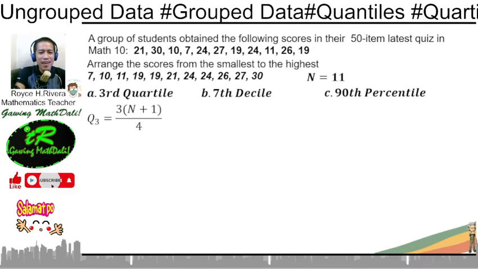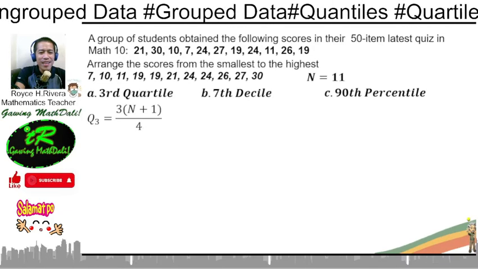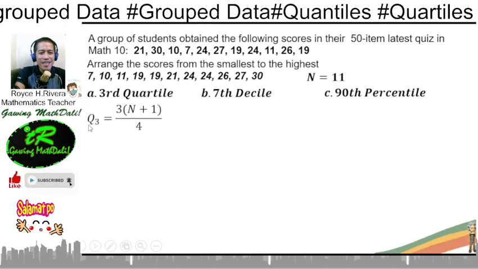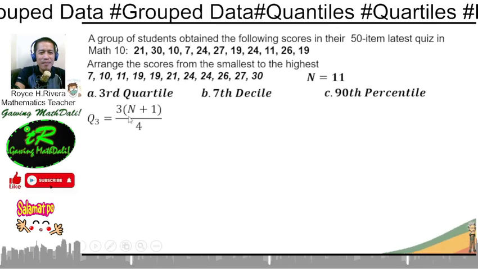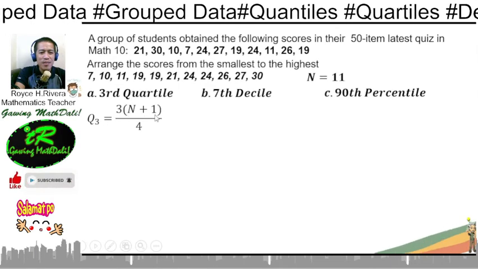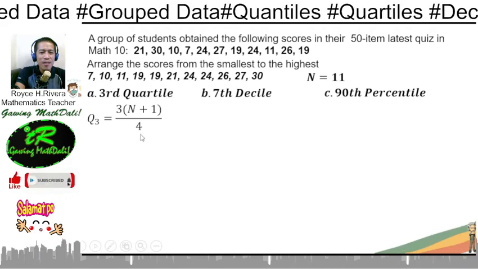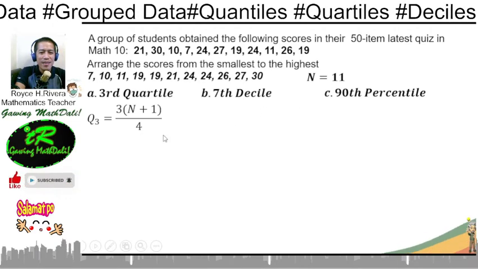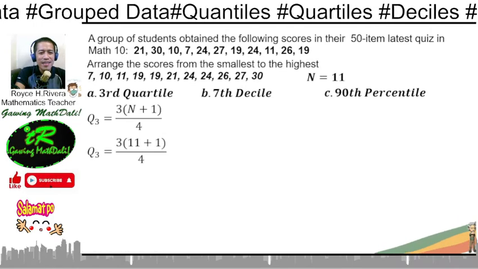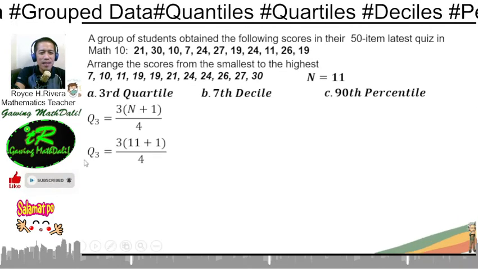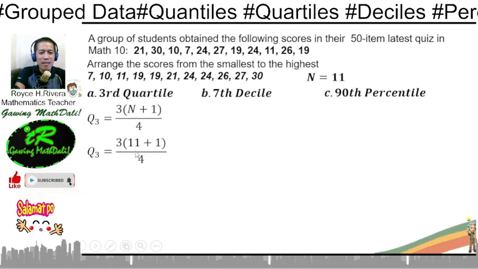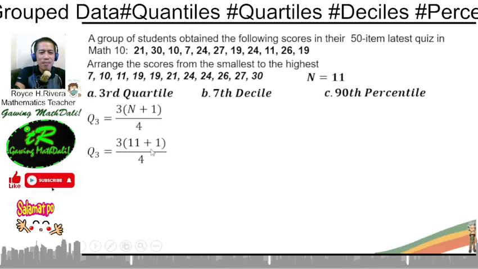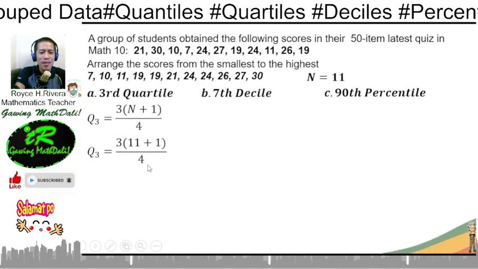Para sa formula, quartile 3 is equal to 3 times the quantity n plus 1 all over 4. By substitution, n is equal to 11. So we will have quartile 3 is equal to 3 times the quantity 11 plus 1 all over 4.